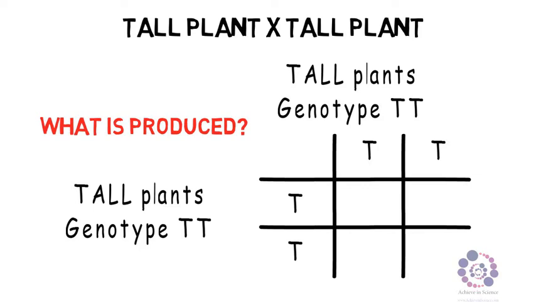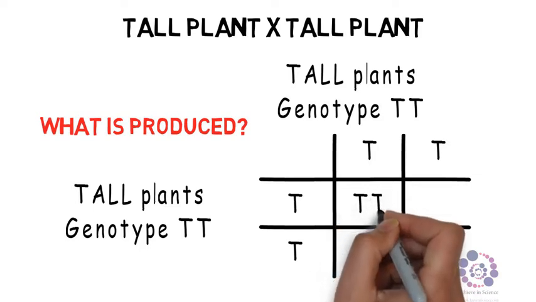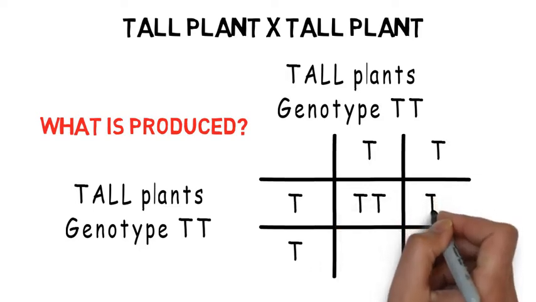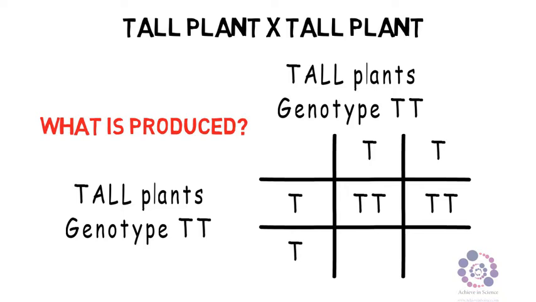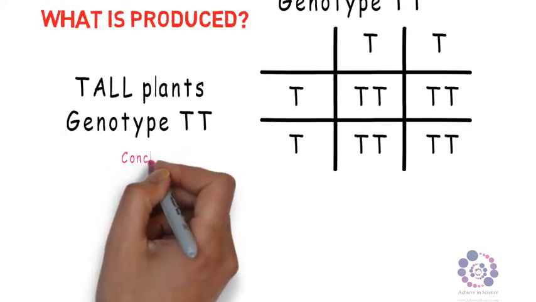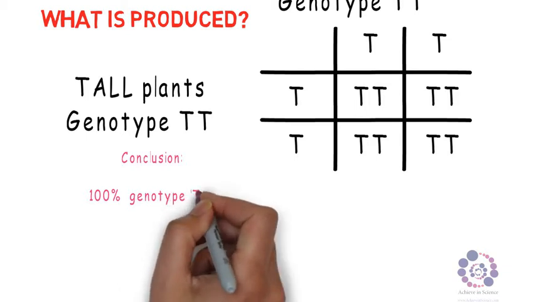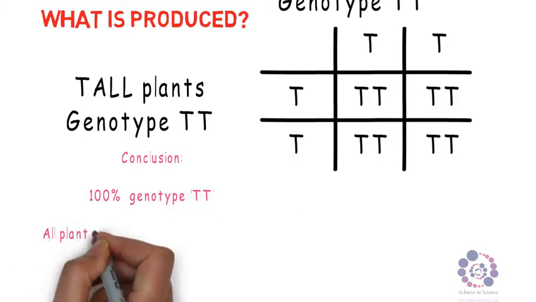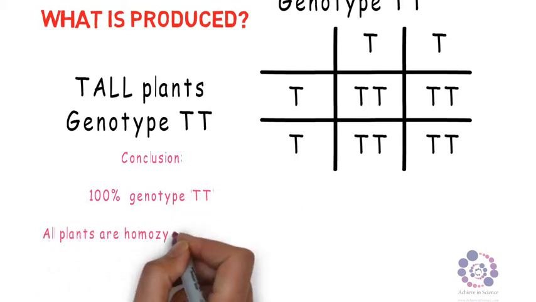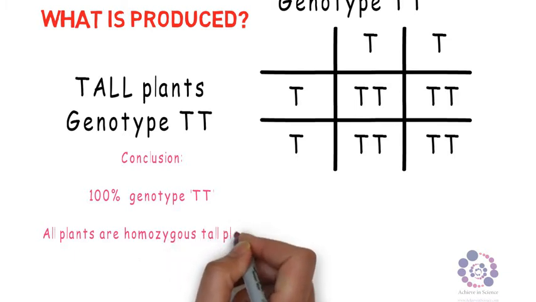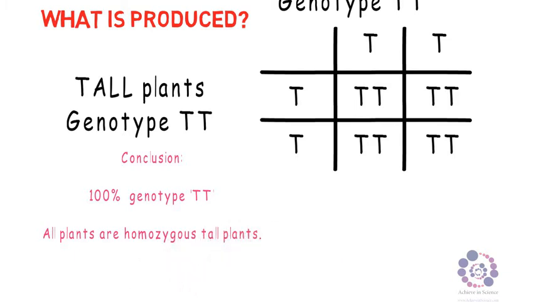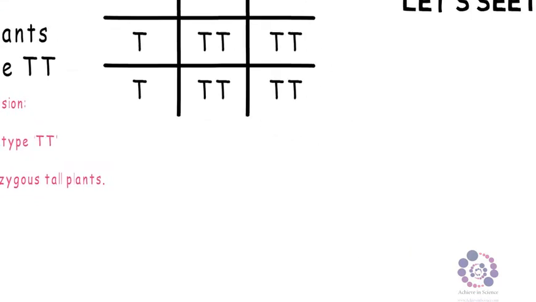So they are all going to have the 2 dominant alleles, capital T and capital T, for all cases. Therefore, in conclusion, we have 100% genotype of capital T, capital T. This means that they are all homozygous because they possess the same alleles, and they are all tall plants. So the phenotype is tall plants.